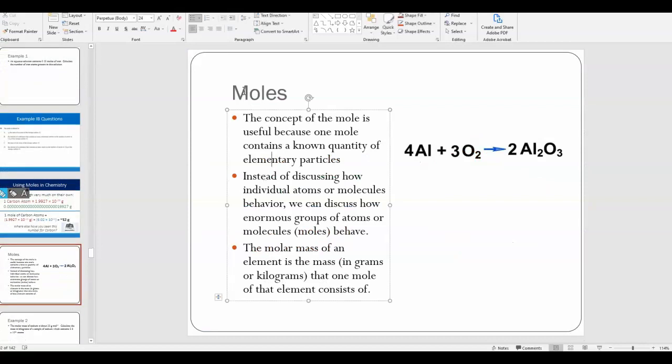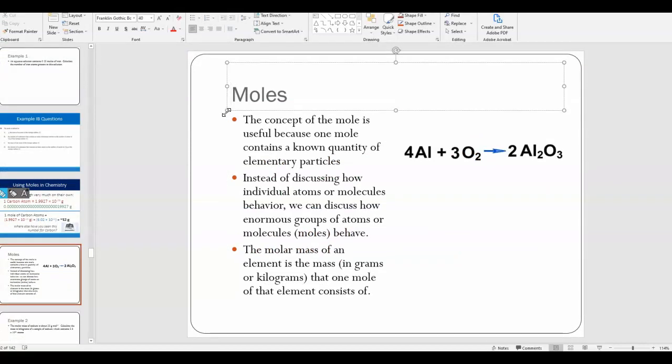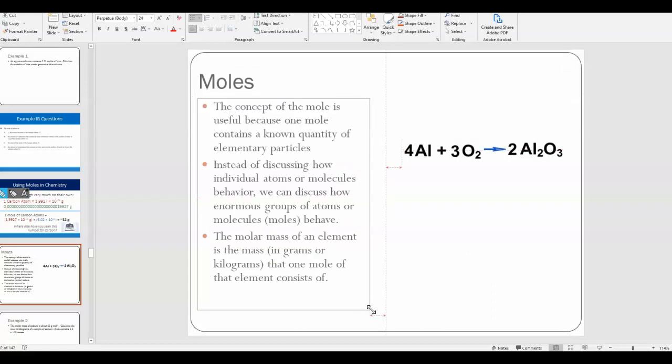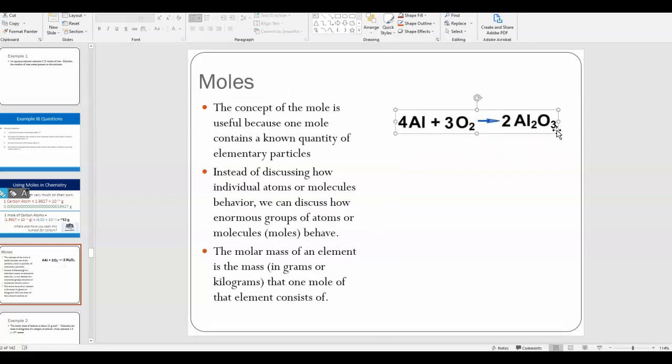This concept of molar mass is exactly what it sounds like. Molar mass is basically a conversion factor, like in unit conversion, that tells you how many grams you have in 1 mole of that chemical.